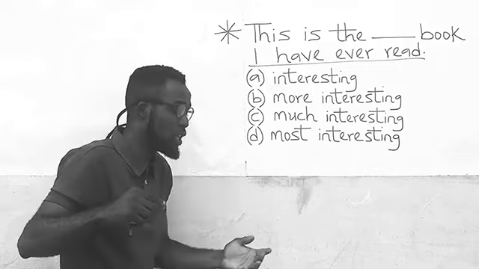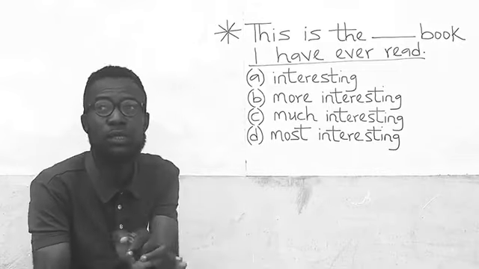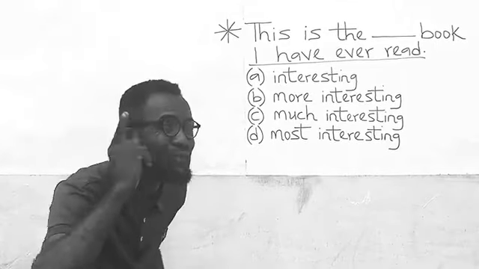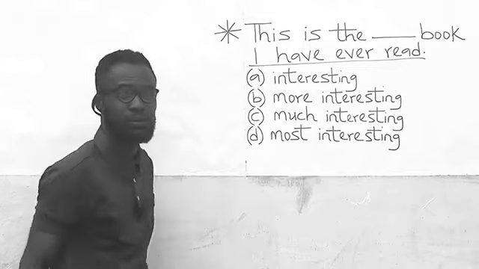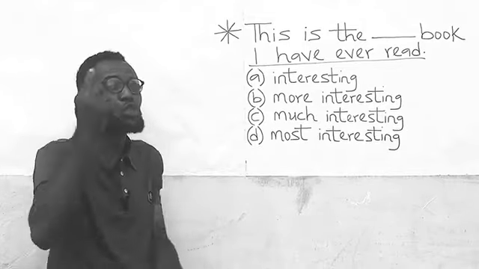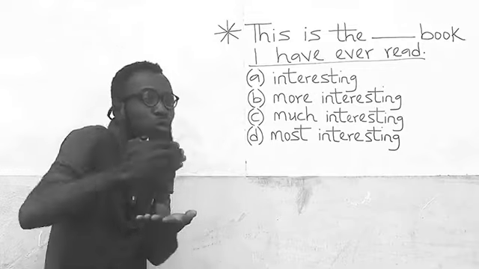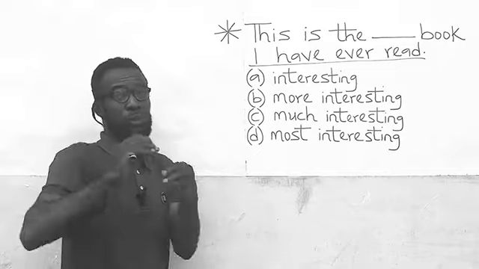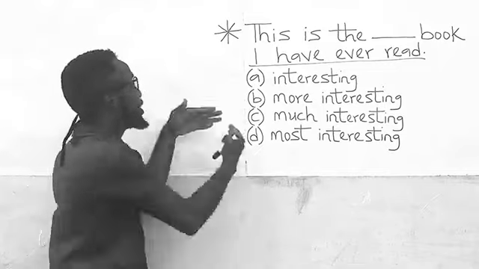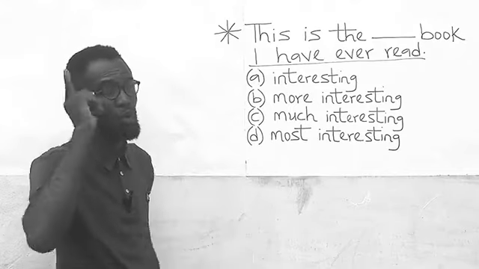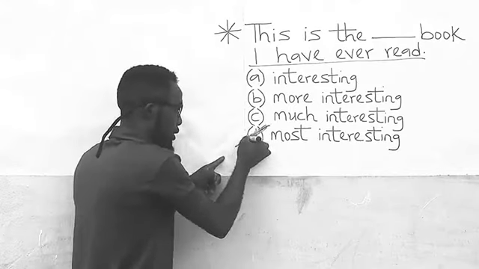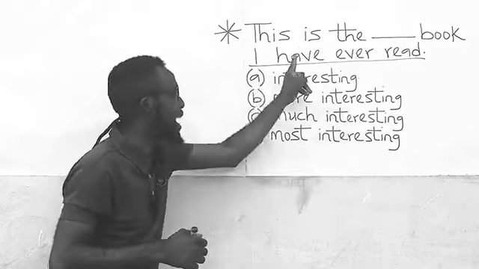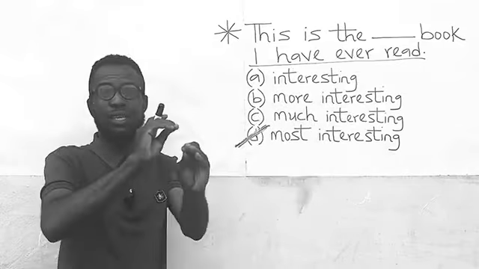And we have said that if the number of persons or things compared is more than two, we have to use a superlative adjective. And you will agree with me that the superlative form of interesting is most interesting. So any option that carries most interesting becomes the correct option. If you look at the options, you will find out that the correct option is option D, most interesting. So the question reads, this is the most interesting book I have ever read. I believe that is understood.